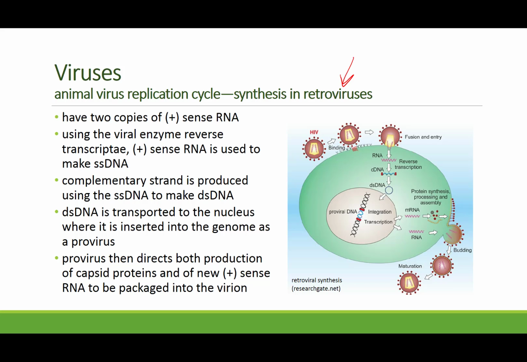So once that provirus is in the DNA of the host cell, then we make new plus sense RNA from it and package that all up into a virion as we also assemble the capsid proteins. Okay, so that's the retroviruses. So we've seen DNA viruses, plus and minus sense RNA viruses, and retroviruses.